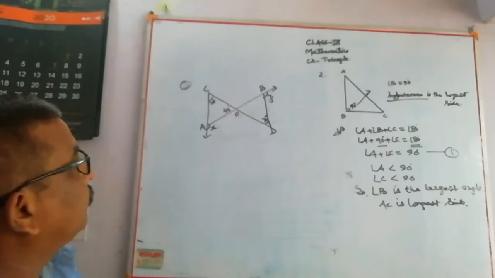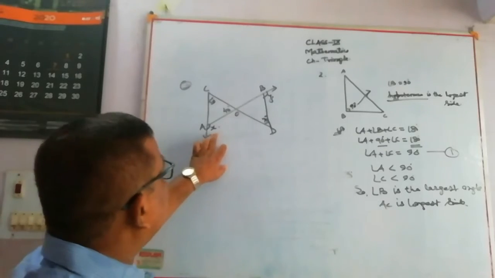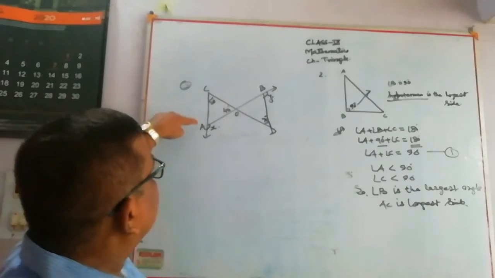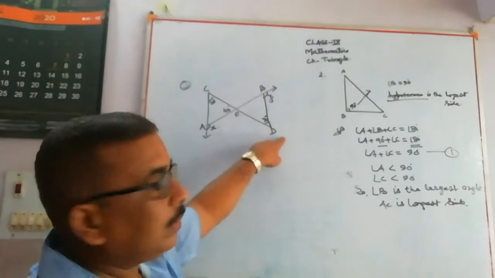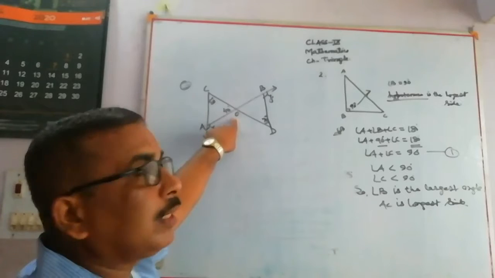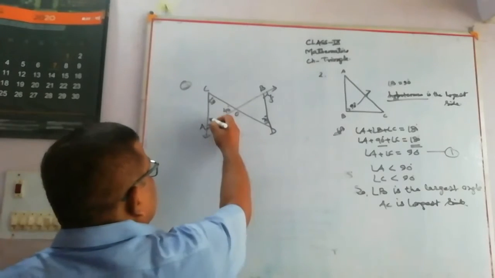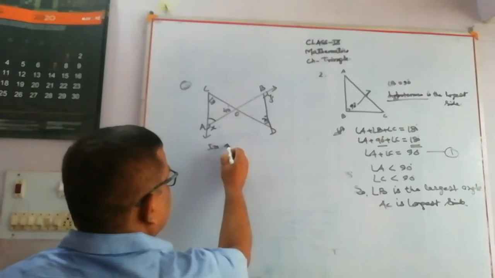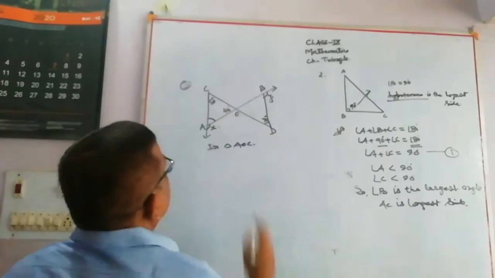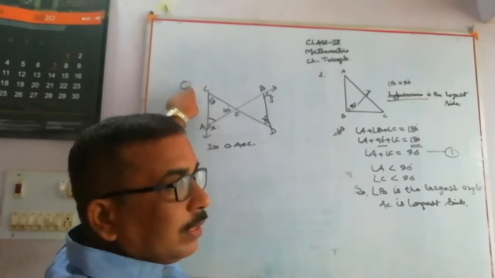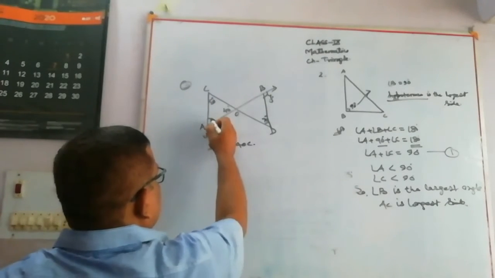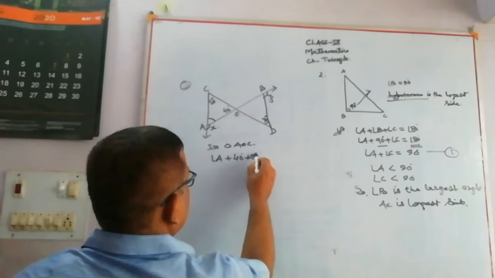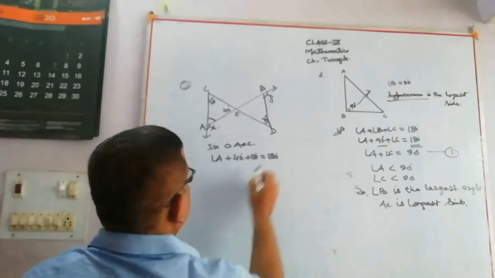A figure is given. Find the value of angle x and angle y. Firstly, given that AB and CD are two lines intersecting at point O. In triangle AOC, angle A plus 40 degree plus 80 degree is 180 degree.